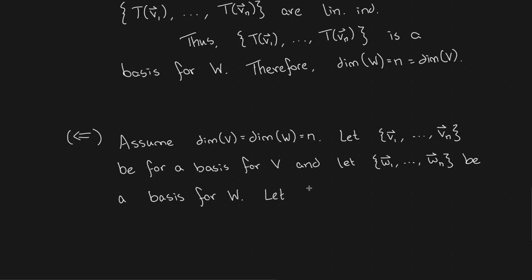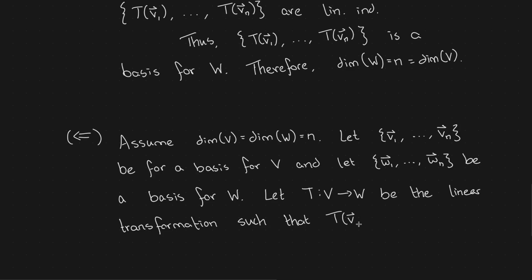So let's let T, which maps vector space V to vector space W, be the linear transformation such that T of Vi is equal to Wi for each i.